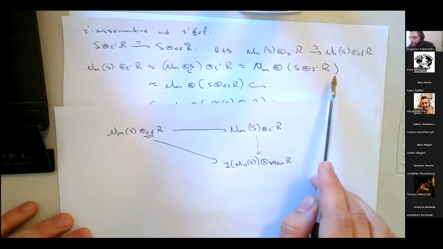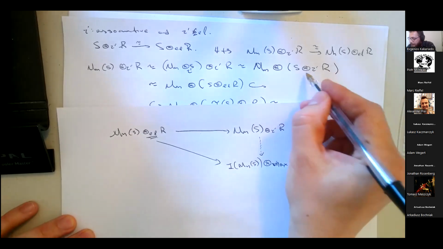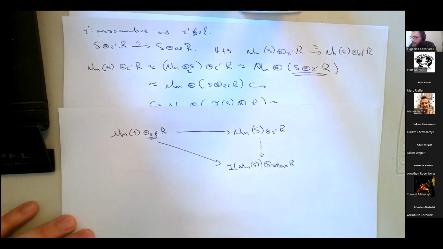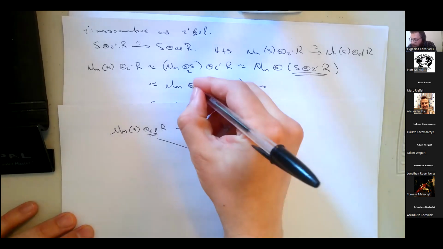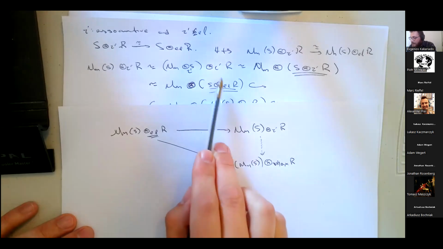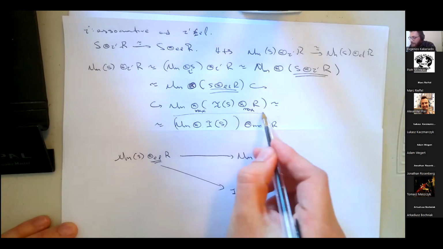Now you know nuclearity at the level of S, so you can pass to another isomorphism, and by using the injectivity of the spatial tensor product, you can see this inside here.